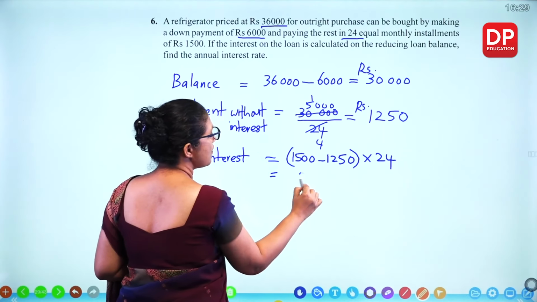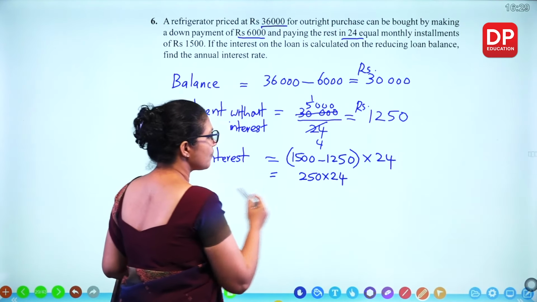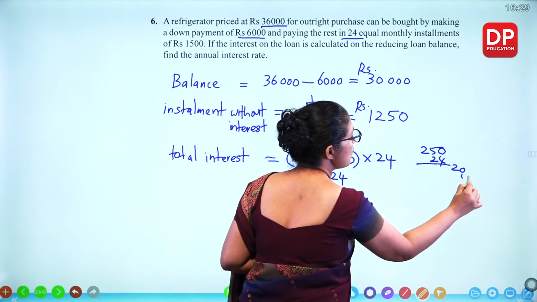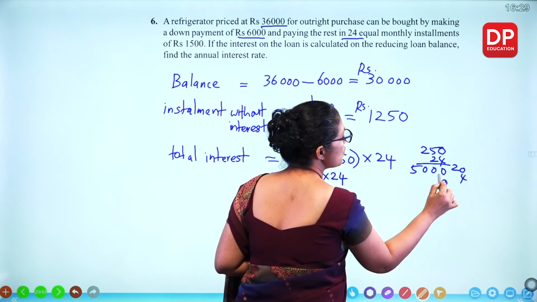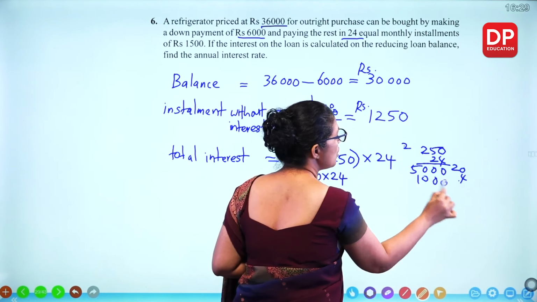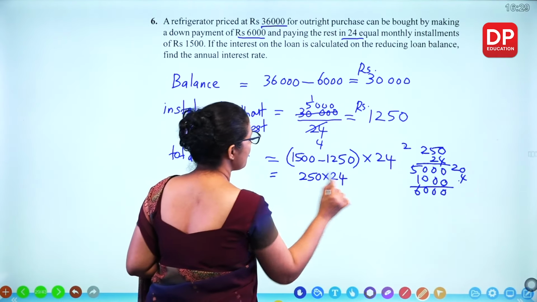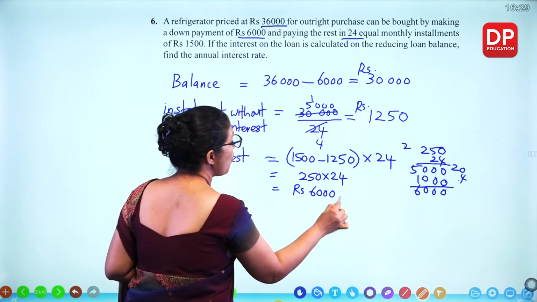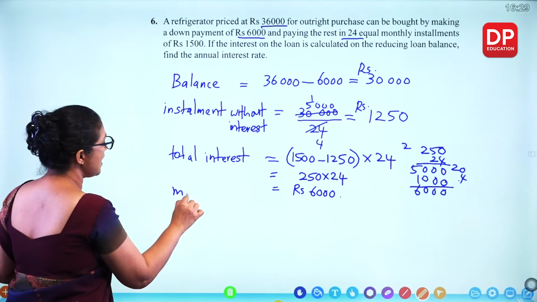So you get 250 into 24. 250 into 24, 20 and 4. 4 times 0, 0. 4 times 5, 20. 4 times 2, 8 plus 2, 10. So you get 6,000 rupees as the total interest. So how many month units are there?